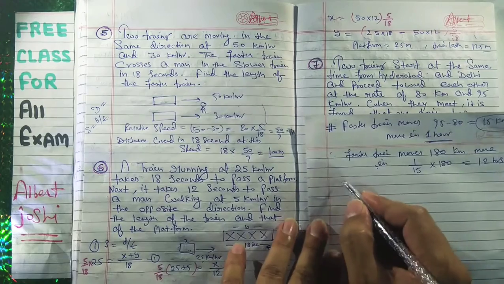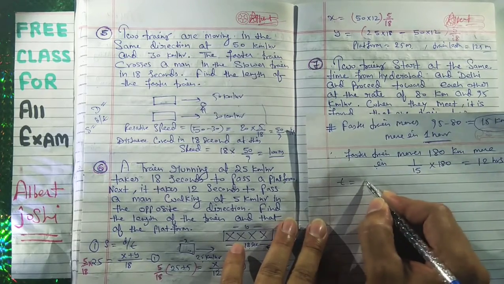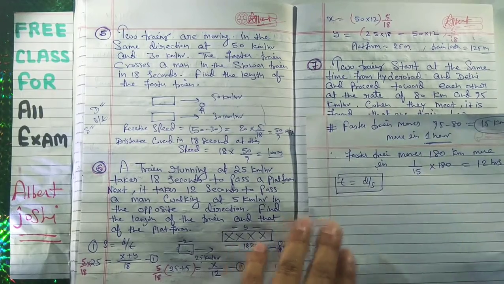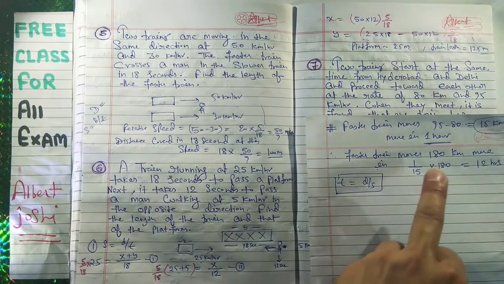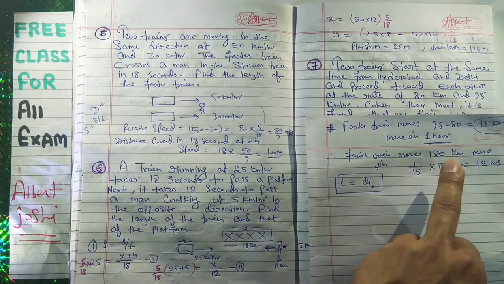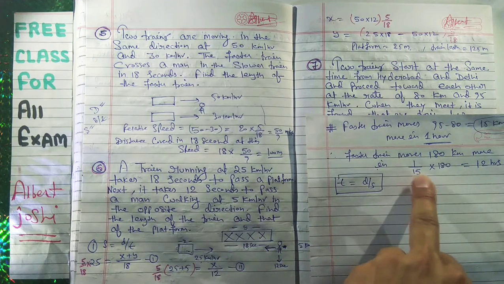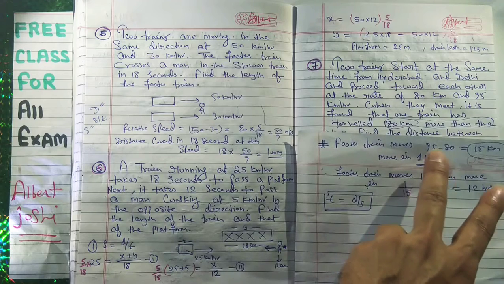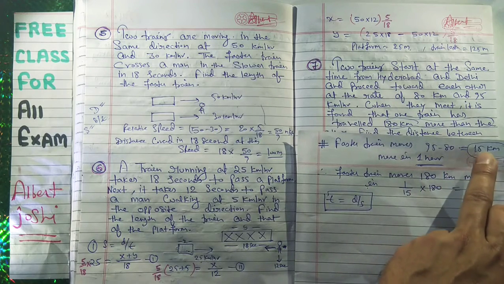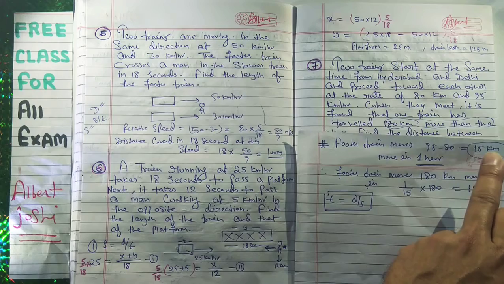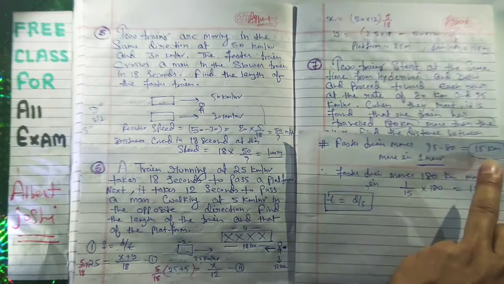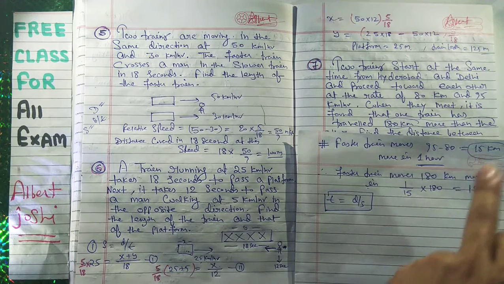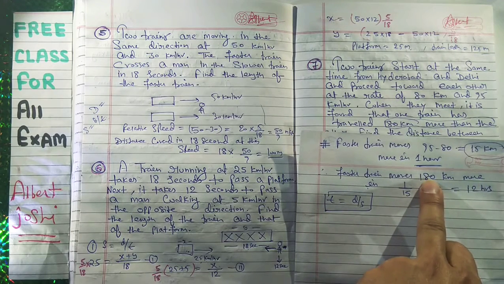How have we done this? You know that time is equal to distance upon speed. We have used this formula. To cover 180 kilometers by the help of this speed, because if you subtract 95 minus 80, this is the extra speed of the faster train. So by the help of this speed it will cover 180 kilometers.